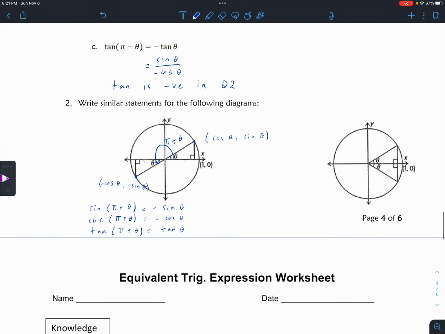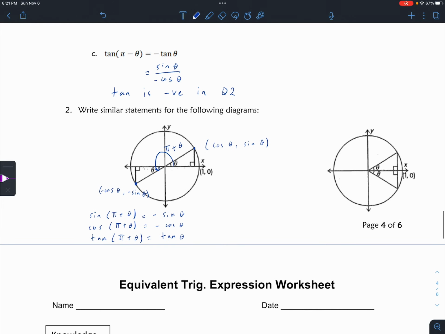Okay, now for this last diagram here. In this case, the principal angle would be 2 pi minus theta. That's our principal angle.